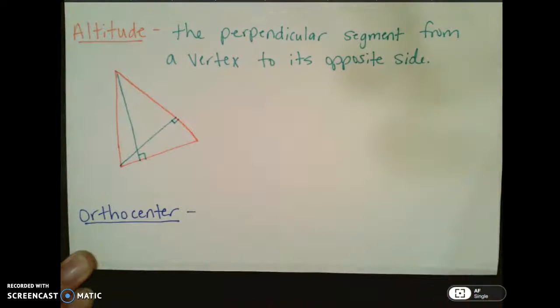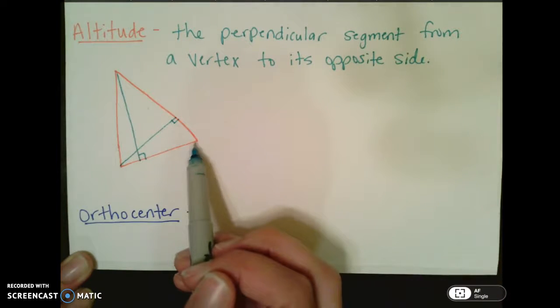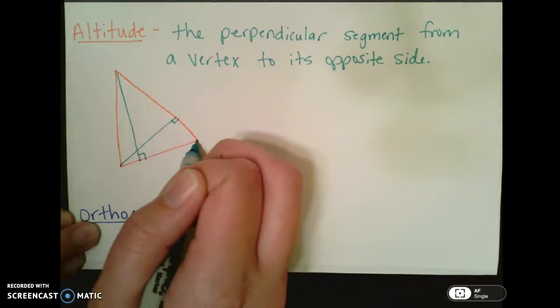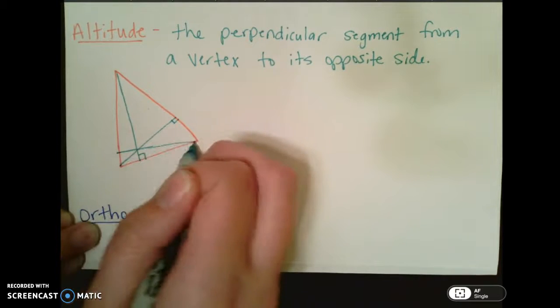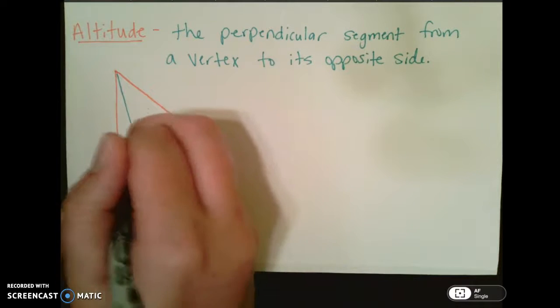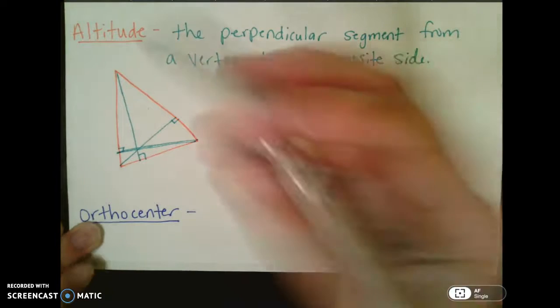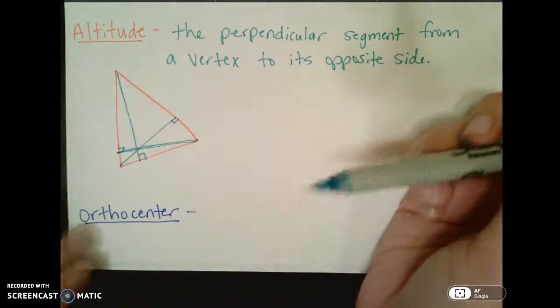Looks like a right angle. Let's say that. And then my last one, I need to go from this vertex to this side. That looks like a right angle. Notice I don't have a protractor or a ruler or anything like that to get them perfect. But as long as they intersect to form right angles.